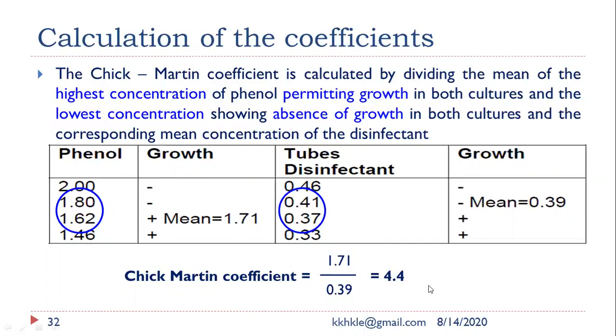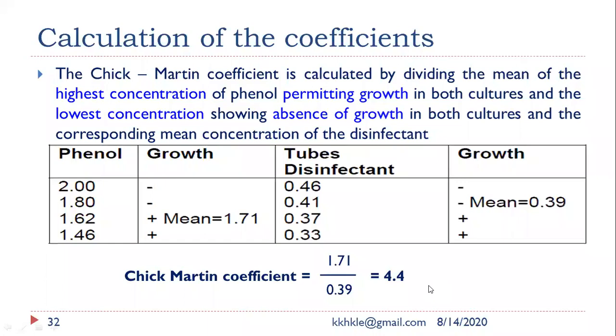of the organism. Here you can see an example of a result. At 2% and 1.8% of the phenol, there is no growth. And at 1.62 and 1.46 percent, there is a growth of the organisms.